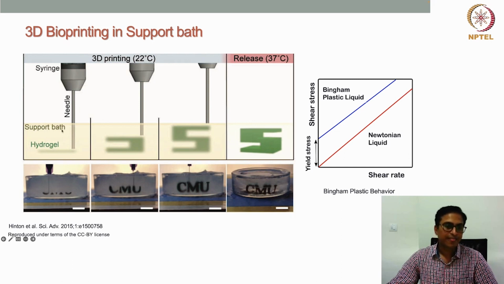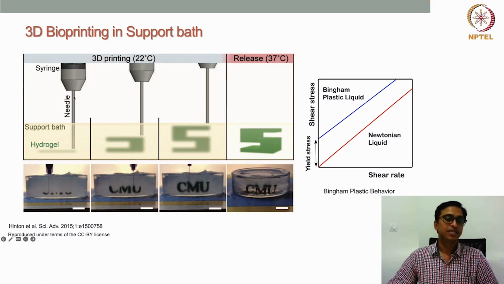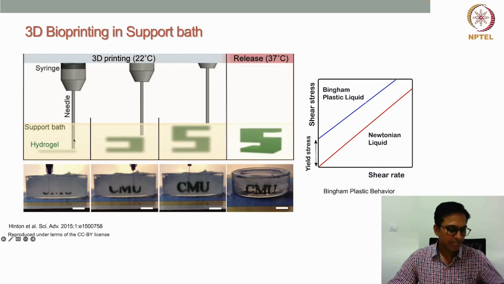Now here is this support bath material, and this is the hydrogel material or bioink that is getting extruded through this extrusion-based bioprinting nozzle. At first this needle will be inserted within the support bath. At the beginning there is no flow of the support bath material, so it is behaving like a solid.